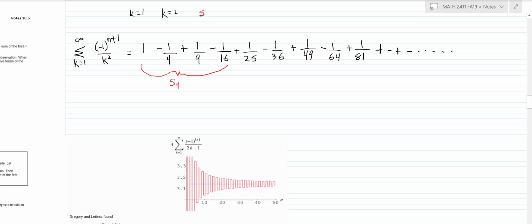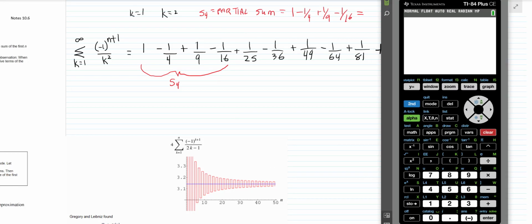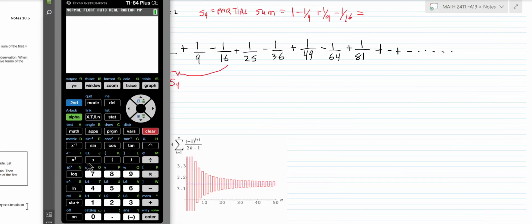So S of 4 just represents a partial sum, and that partial sum would be 1 minus a fourth plus a ninth minus 1/16, and we could just do that. I'm going to go ahead and just do that on the calculator real quick and just get decimal forms of this.